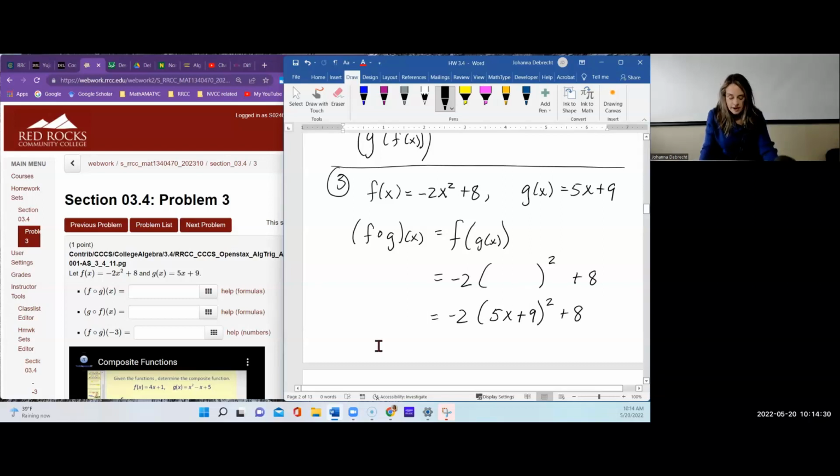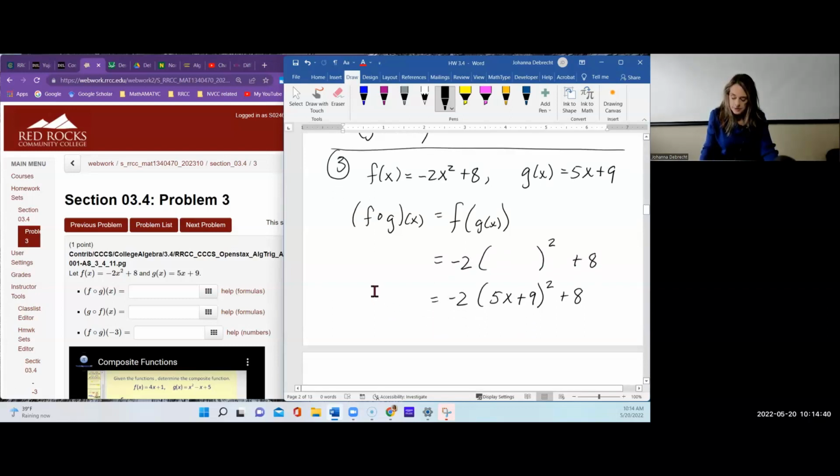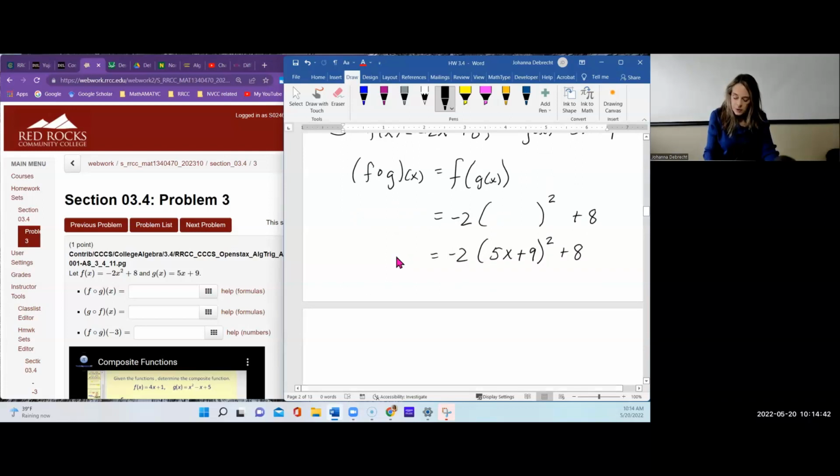Finally, we can simplify it. Now, whether to simplify or not depends on your professor and what level of course you're taking. We'll go ahead and multiply it out and combine like terms. In this case, if we multiply it out, we need to write the 5x plus 9 two times in order to apply the distributive property or the FOIL process.